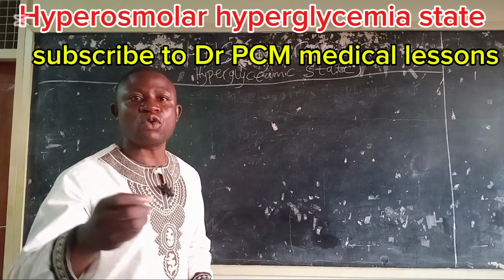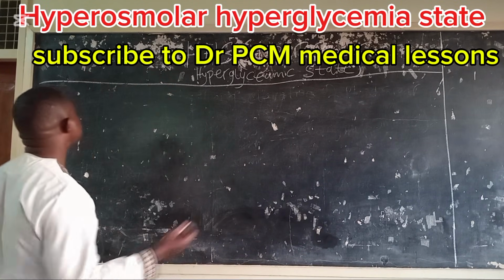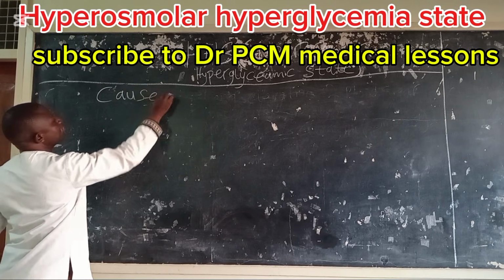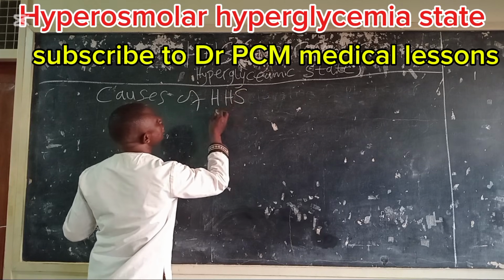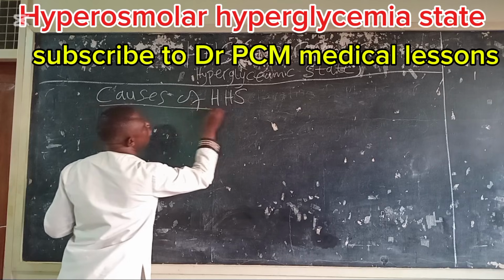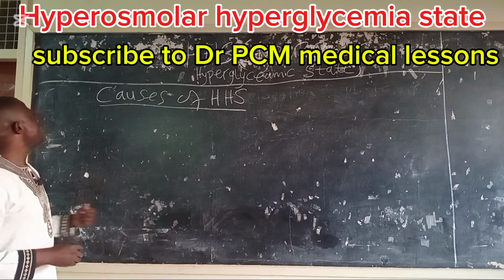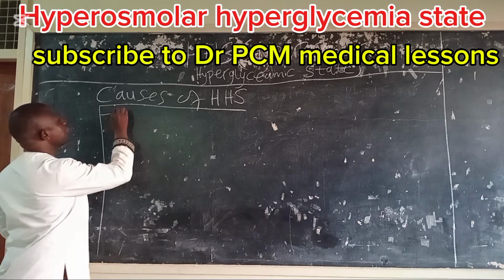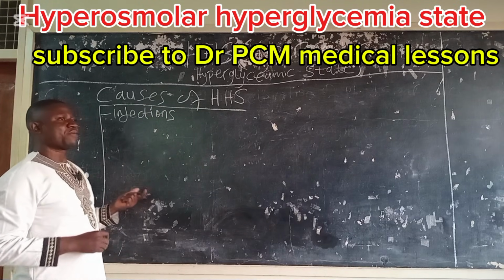Then let us look at the causes of HHS. What causes it? What makes somebody get this complication as diabetic patients? The first cause is infections.